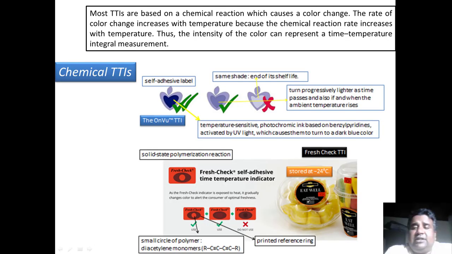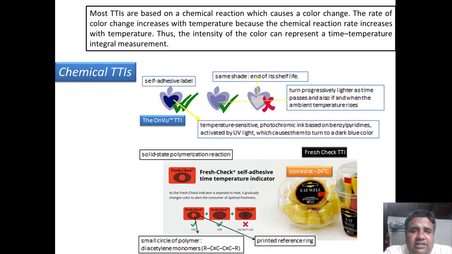So there are many types of time temperature indicators, and they are classified on the basis of the nature of working. The first type I am going to cover is the chemical type of time temperature indicators. Most time temperature indicators are based on chemical reactions which cause a color change. The rate of the color change increases with temperature because the chemical reaction rate increases with temperature.